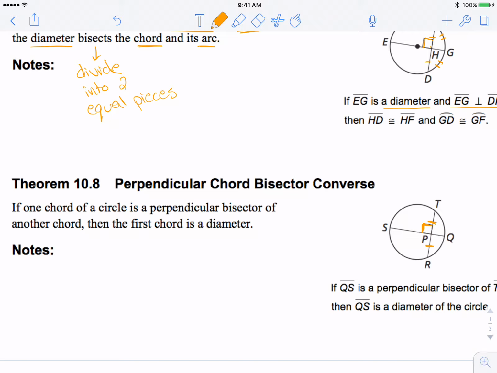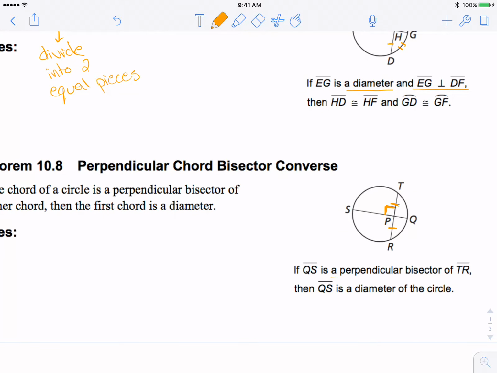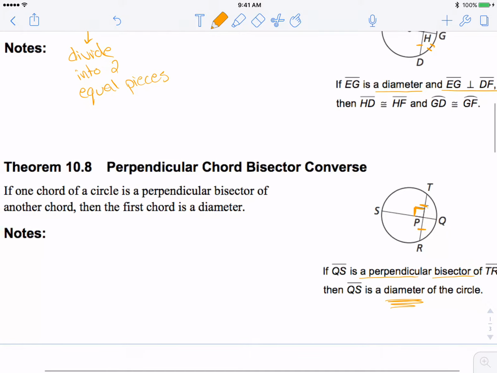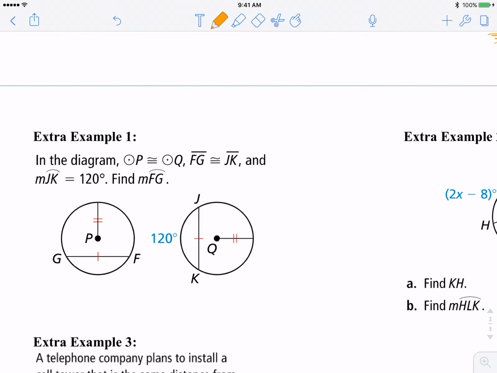So if I know 90 degrees and bisector, then I know the first chord is a diameter. Perpendicular and bisector gives diameter. Hypothesis, conclusion.